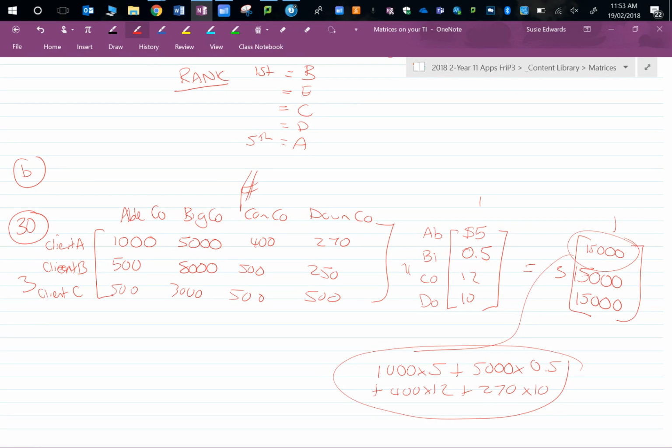Yes. Yeah, so then you do it 2 years later by just changing that second matrix to the next one. And when you get your two matrices, you can see the difference between them and work out how much extra money people have made over 2 years or lost. It doesn't ask you to, so no, you don't have to. However, I would ask you to if I was writing this question.